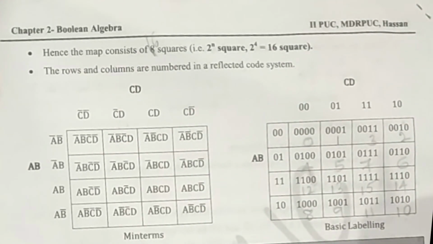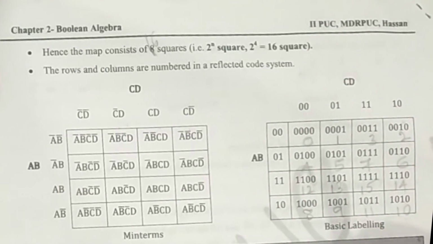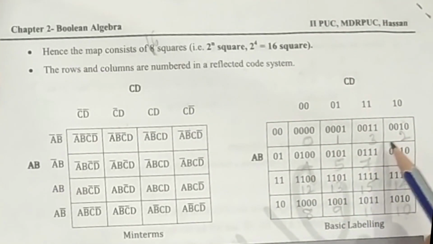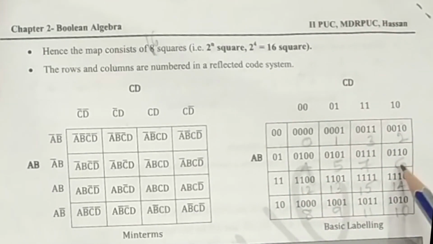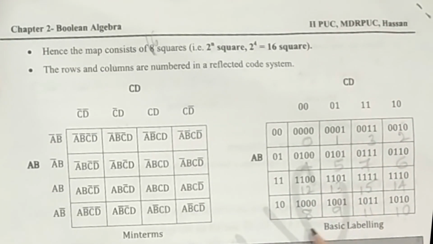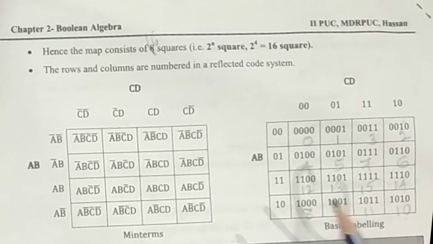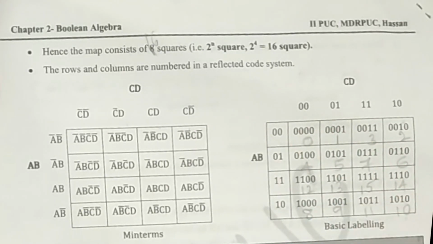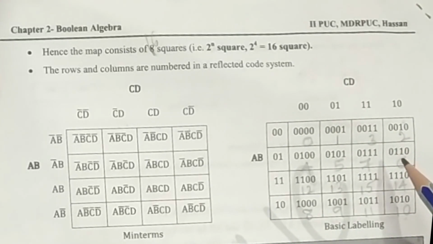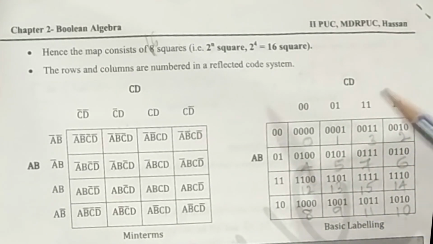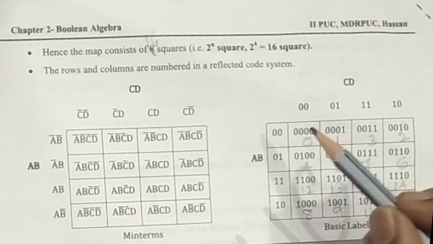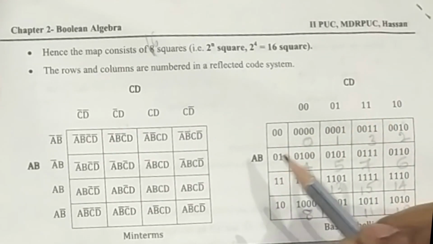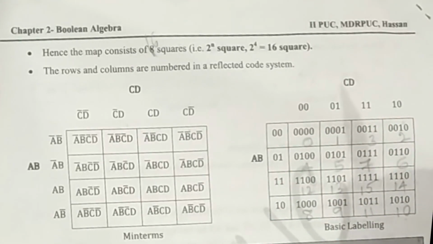You have to remember how we follow the numbering in the 4 variable method: 0, 1, 2, 3, 4, 5, 6, 7, then 8, 9, 10, 11, 12, 13, 14, 15. We have not written these decimal numbers, but they come automatically if you use this reflected code or gray code system.